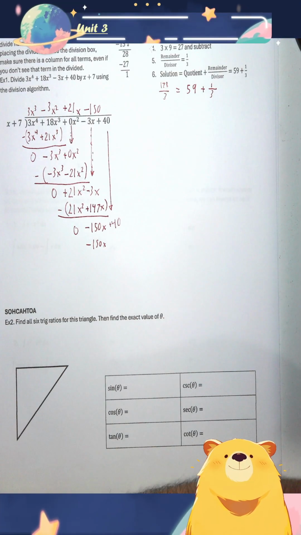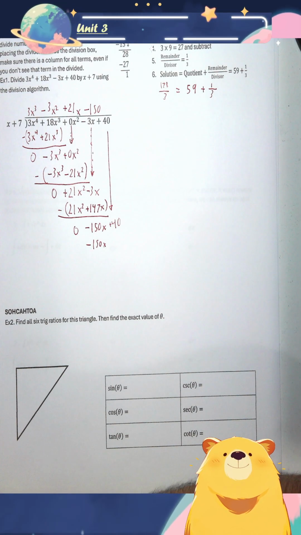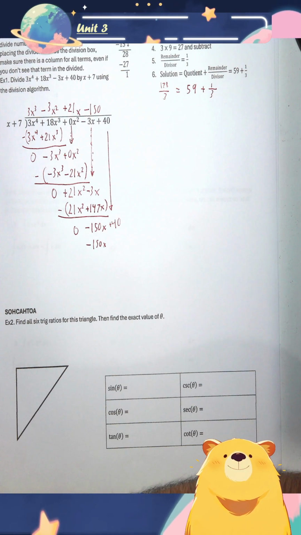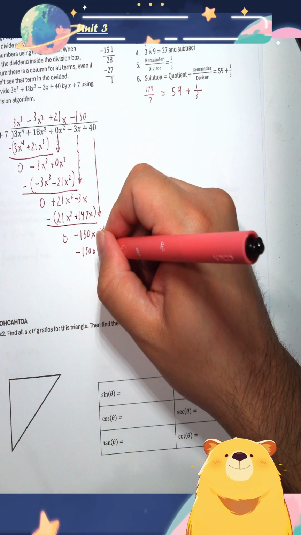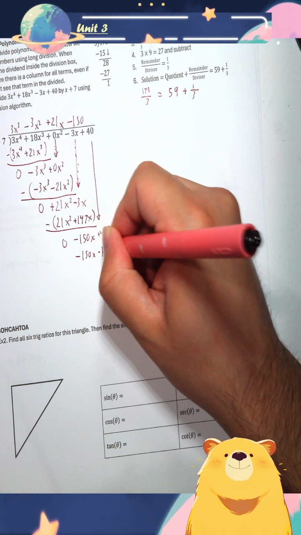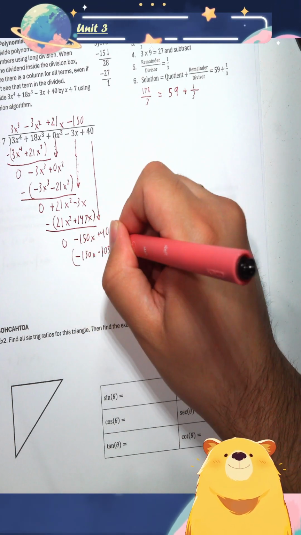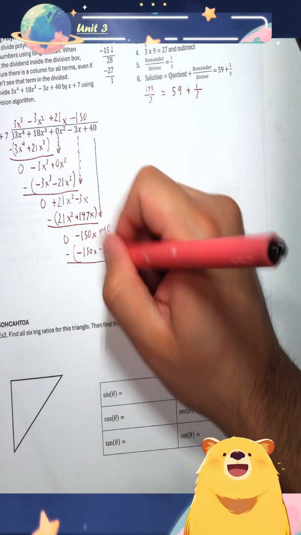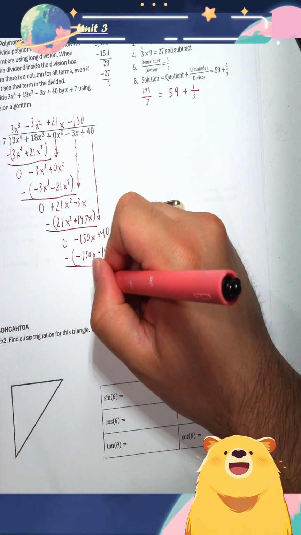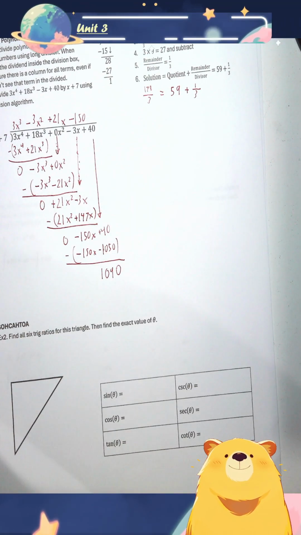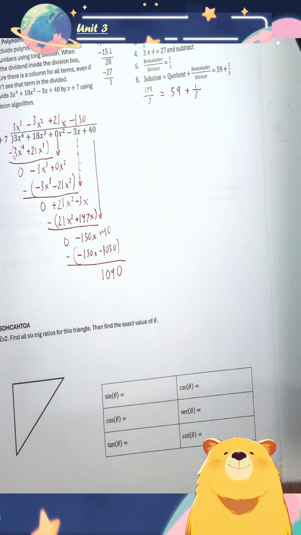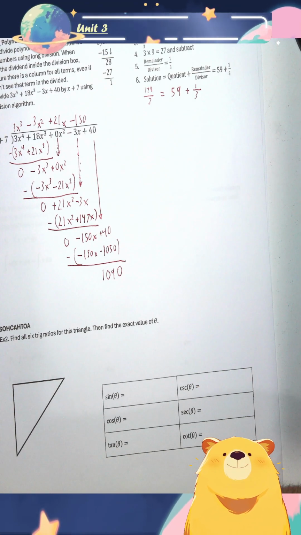And then 7 times 150 gets us negative 1,050. Subtract, that will cancel out. This will add, and you're left with 1,090.